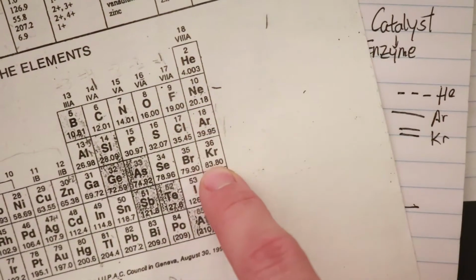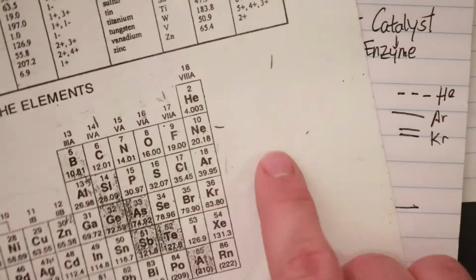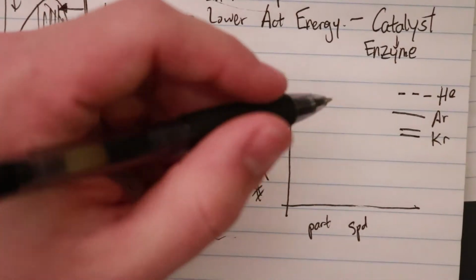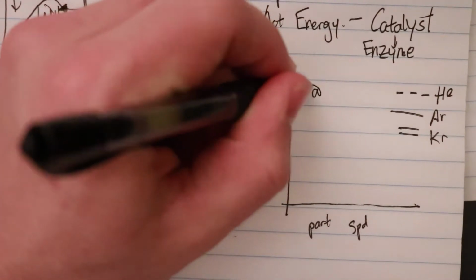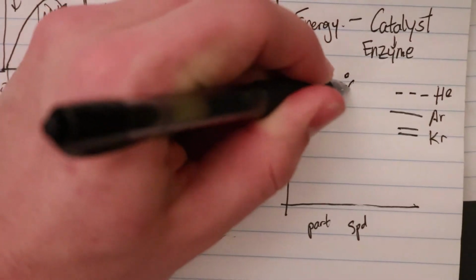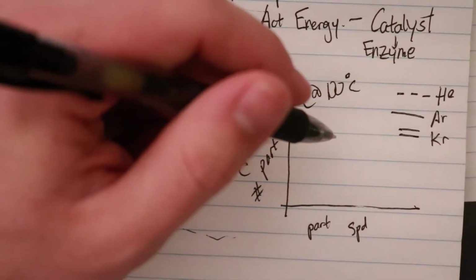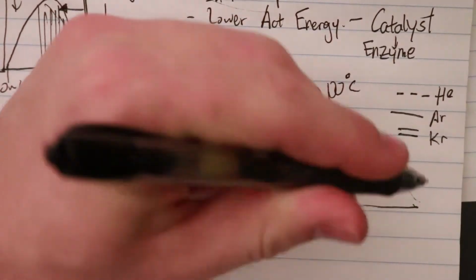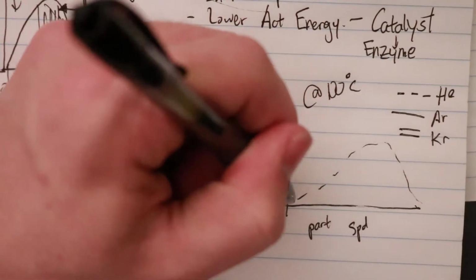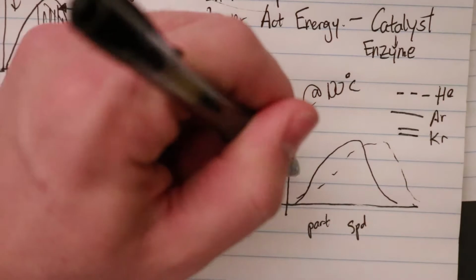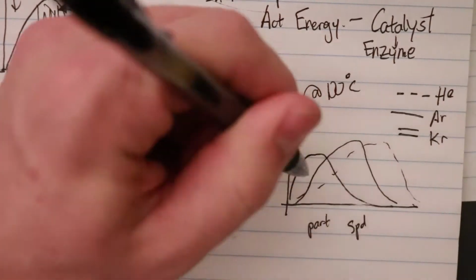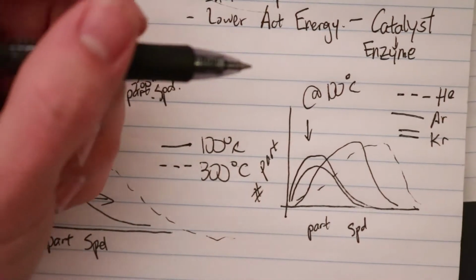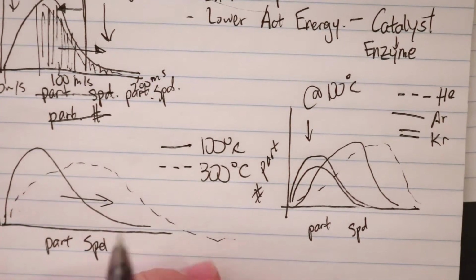So helium, argon, krypton. Notice krypton here is the lowest, which means it is the most massive. So if they're all at 100 degrees Celsius, helium would look like this, argon would look like this, and krypton would look like this. And just notice that krypton is lower because it has more mass.